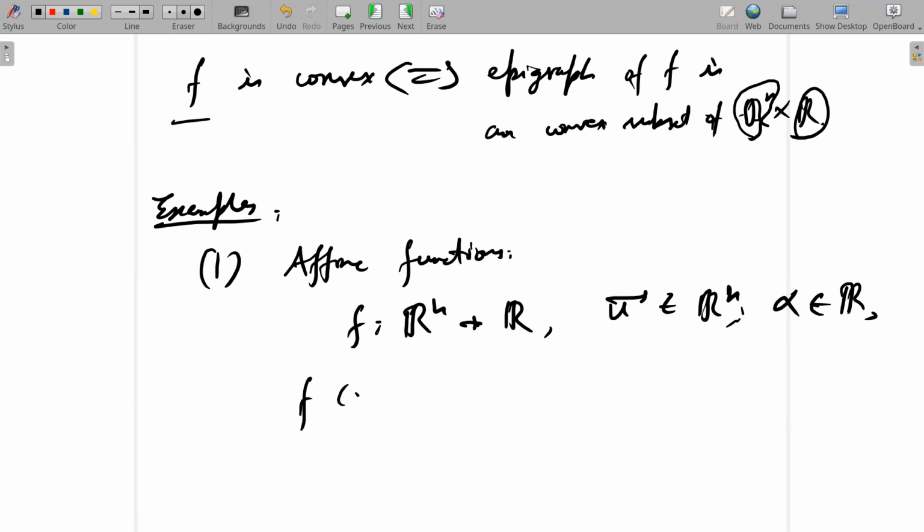So f is of the form f of x is equal to u dot x plus alpha. It's clear that it's an affine function, you can check from the definition. And a real valued function will be affine if and only if f and minus f are both convex.